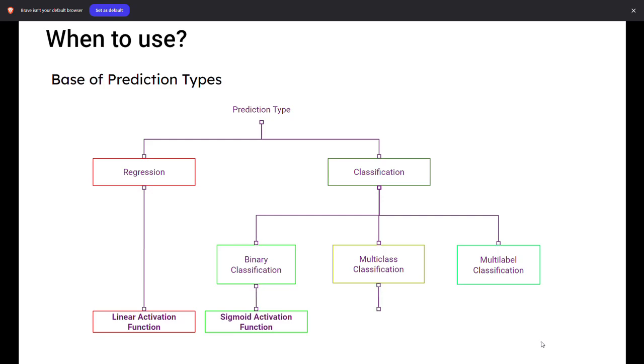For multi-class, as we mentioned just now, we use softmax, and for multi-label it is sigmoid.